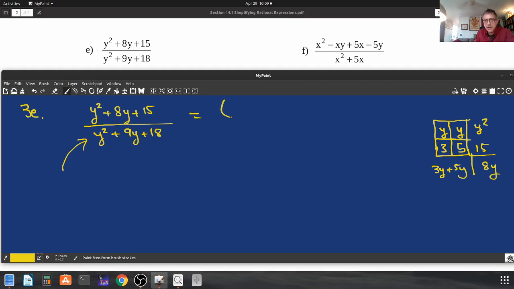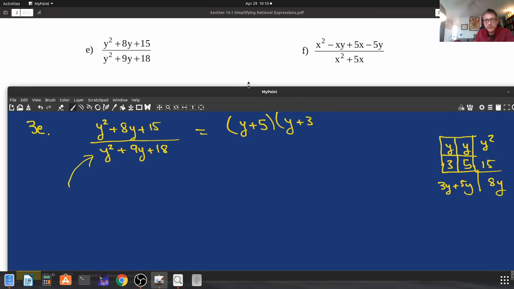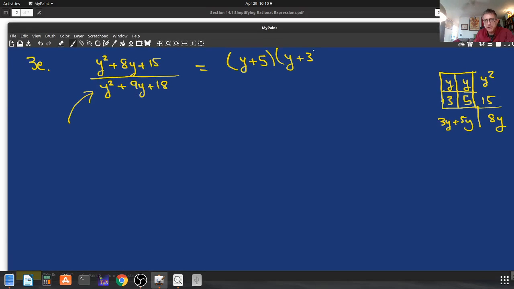So my factorization for the numerator is y plus 5 times y plus 3. And for the factorization on the denominator, I'm hoping you get y plus 3 times y plus 6. If not, do it again till you find your error.